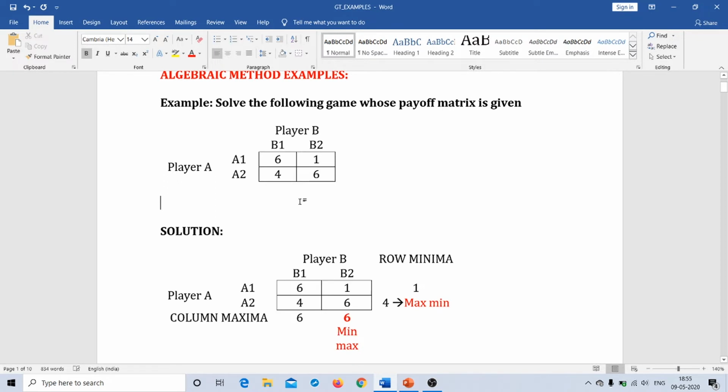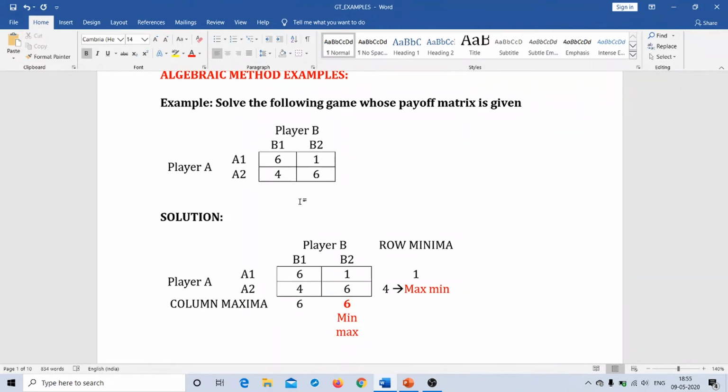First and foremost, unless you find out the saddle point, you cannot conclude whether the game is of pure strategy or mixed strategy. So it becomes inevitable to first find whether the game has a saddle point or not. Only if a saddle point does not exist do we go for different methodologies towards mixed strategy.